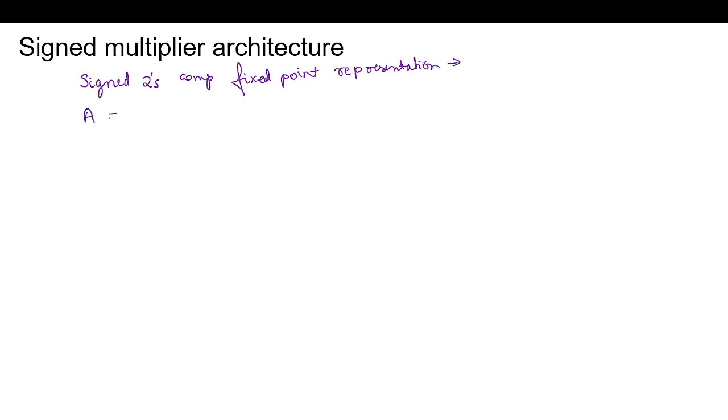So A is equal to A3, A2, A1, A0, and B is equal to B3, B2, B1, B0.